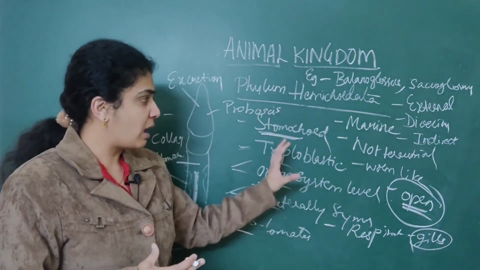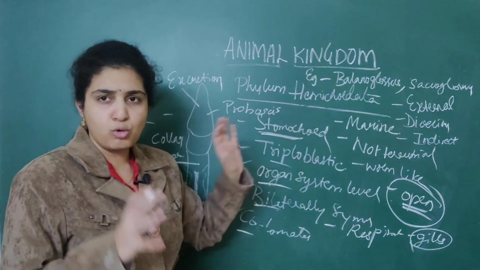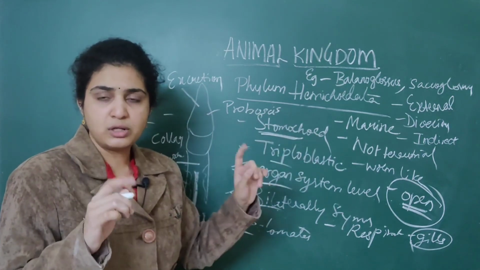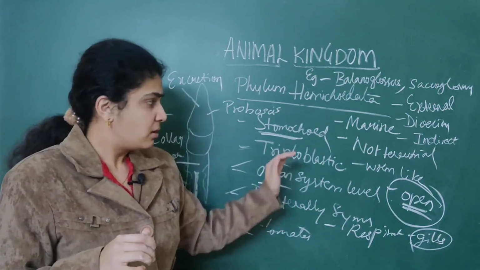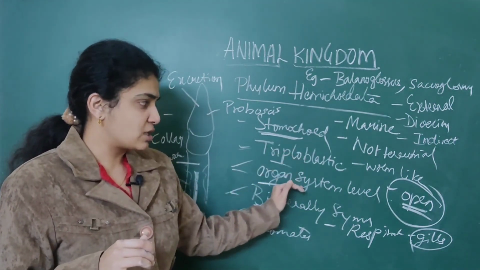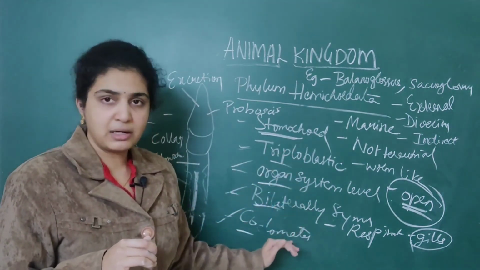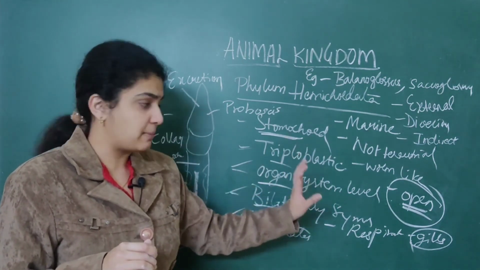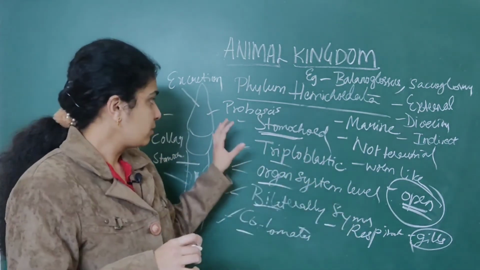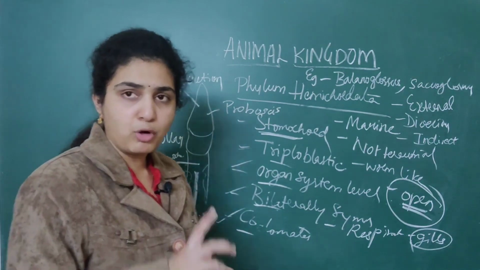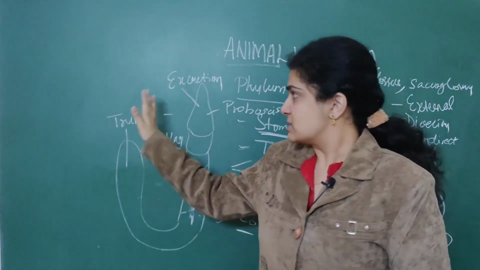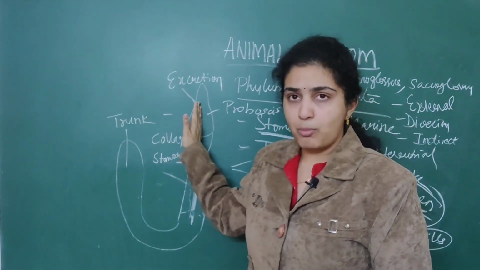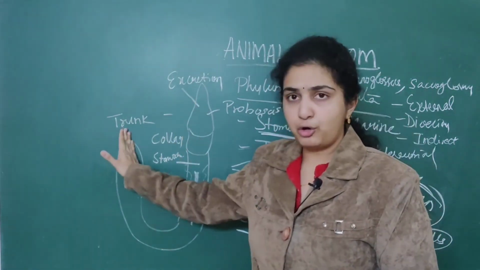So when we go again in detail, no need to get so much confused. Only two or three important points. Stomochord is present. Rest all is the same: triploblastic, organ system, bilaterally symmetrical, coelomates. Then one important point you should remember: the body is divided into three parts, that is anterior proboscis, collar, then trunk.